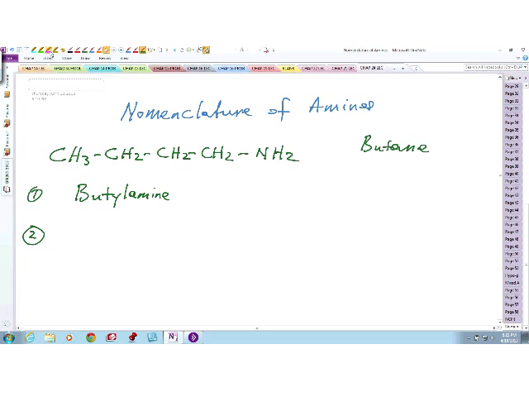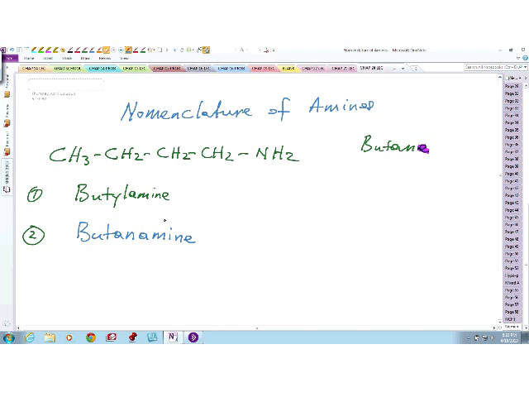We remove the E ending of the corresponding alkane and we replace it with amine. So this becomes butanamine. Now both of these are accepted aliphatic nomenclature.